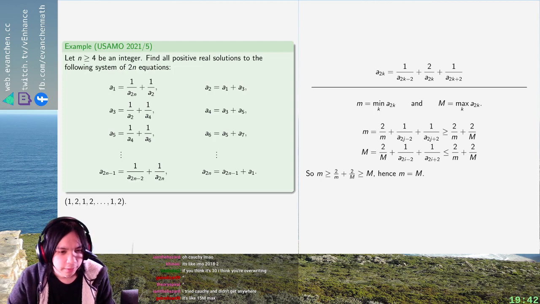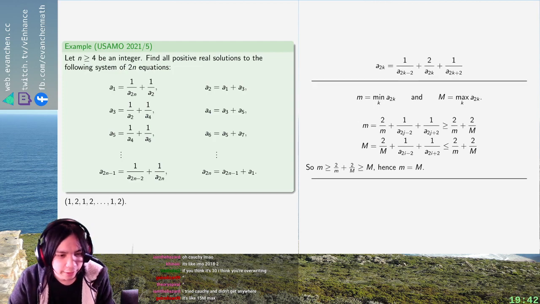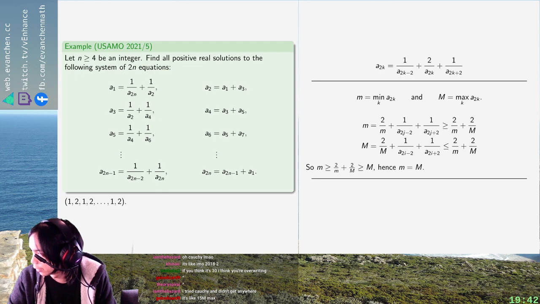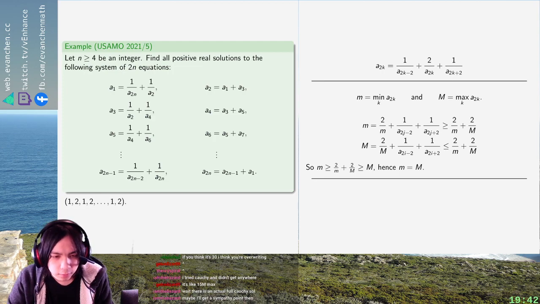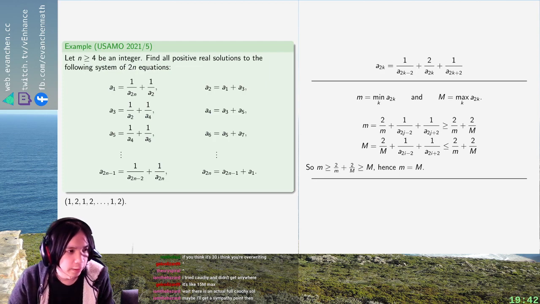So first of all, the sum of a_i is equal to the sum of a_{2i}. If you do a straight sum here, the sum of the numbers is equal to 4 times the sum of the reciprocals.